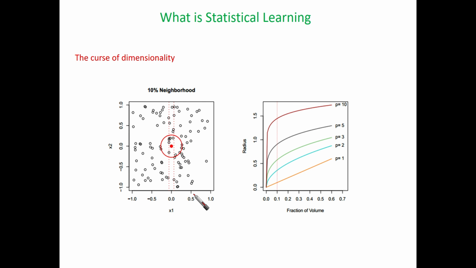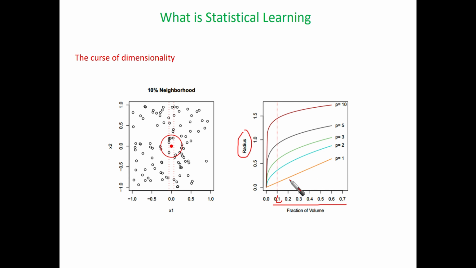So that's okay in two-dimensional cases. There is an experimental graph for performance analysis. Here, this is the fraction of the volume of data, say 10%, 20%, 30%, and this is the radius we need to consider to get 10% or 20% or 30% of your data.